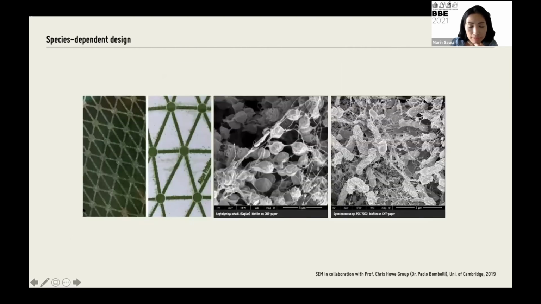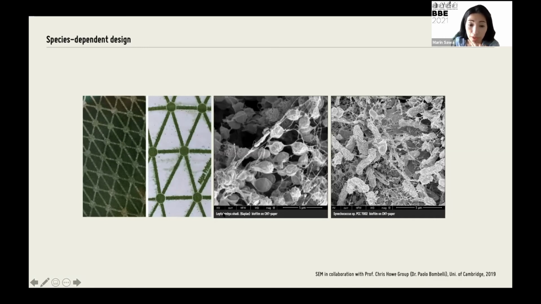And throughout this HBB summit, I've heard different approaches as to how we might deposit cells. And I would say that there is also a biological approach to how we might enhance biocolonization on different materials. So I explored different species.